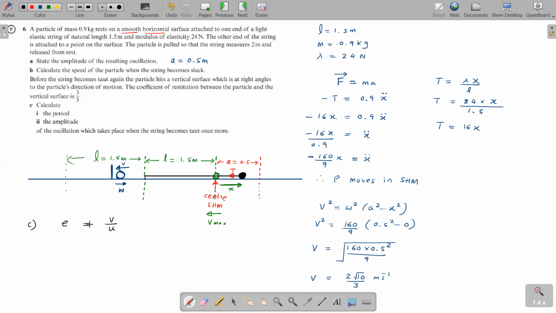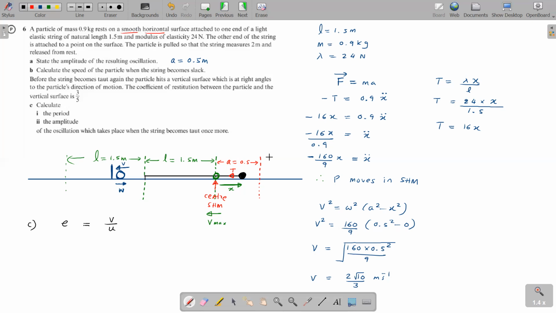Normally Newton's coefficient of restitution is equal to speed of separation over speed of approach. But over here, since one object is moving and the other is a wall, or the ground, we are supposed to use e equals v over u. Do you recall? v is the speed of rebound and u is the speed of hitting the wall, the initial speed.